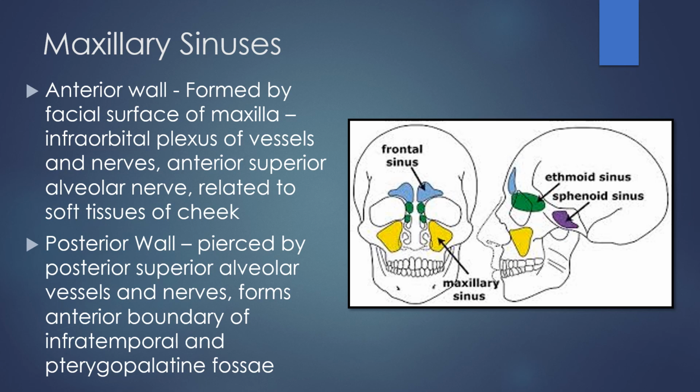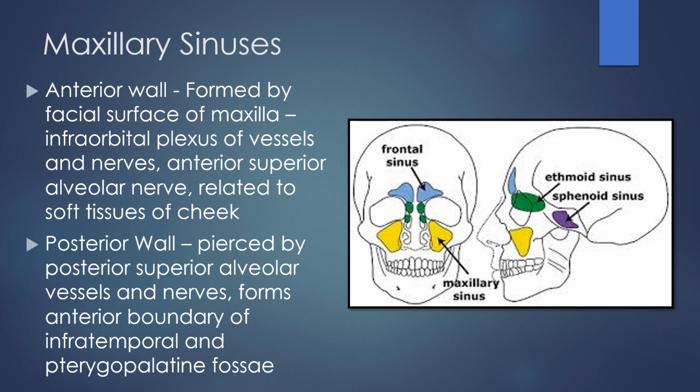The anterior wall of the maxillary sinus is formed by the facial surface of the maxilla, that is, under the soft tissue of the cheek, along with the plexus of infraorbital nerves and vessels and the anterior superior alveolar nerve.